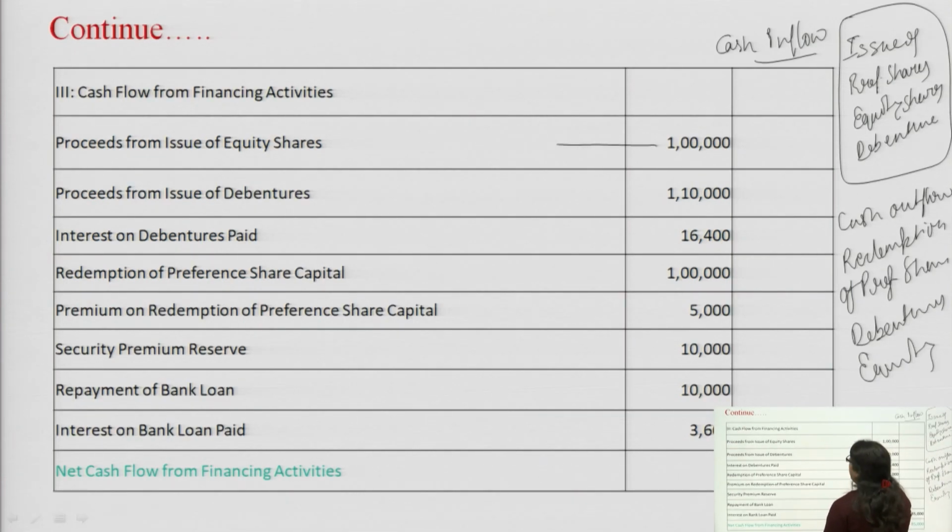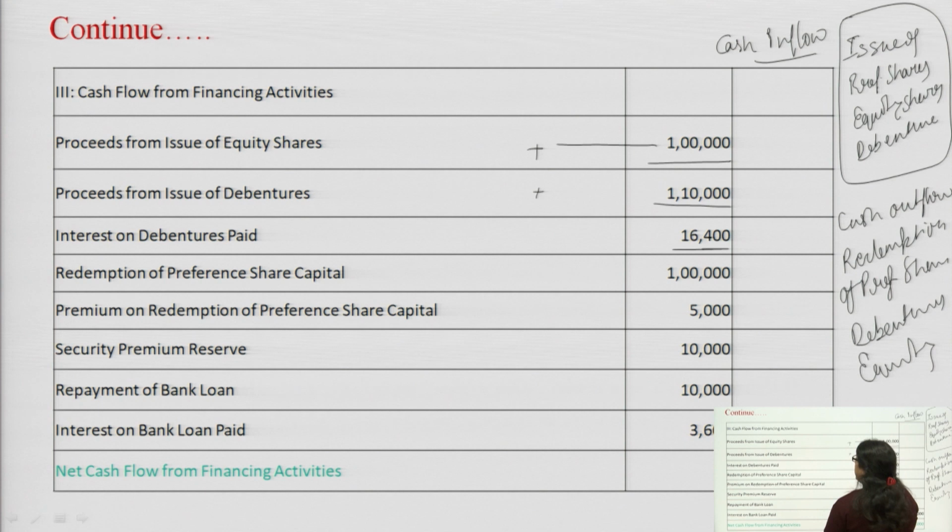Proceeds for the equity share was rupees 1 lakh, because 1 lakh amount has been raised, it was an inflow, it will be a positive amount. Proceeds for the issue of debentures, 1,10,000 debentures have been issued, which I have just shown in the balance sheet. Interest on the debenture paid was 16,400.